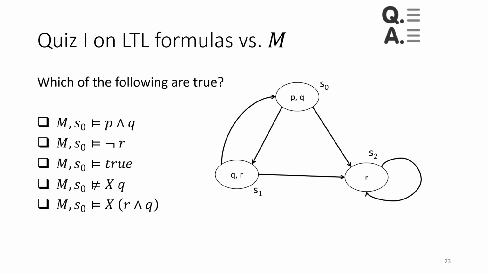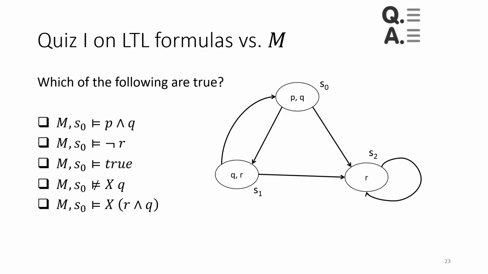Okay, let's look at, again, this one, not R. So starting from S0 in this model, all paths, do they satisfy not R? Yes, because R is not present as a label in the initial state. Very good.